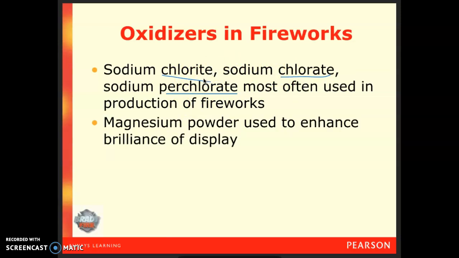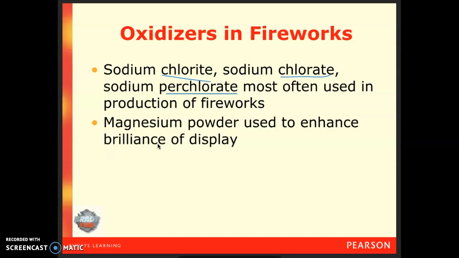Fireworks are a complicated chemistry of not only these oxidizers, but a series of fuels, in particular metallic fuels, that generate the different colors and effects that you see. We often find, for example, magnesium. Magnesium powder is used to make the colors brighter, to enhance the brilliance.